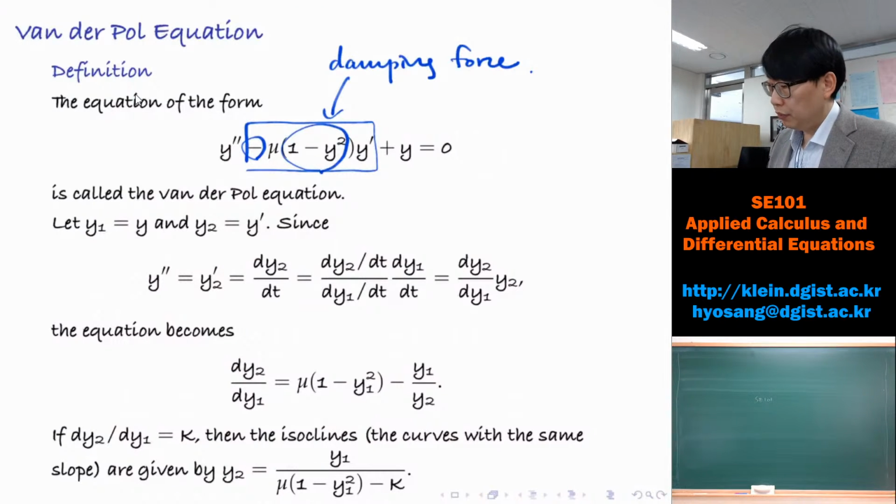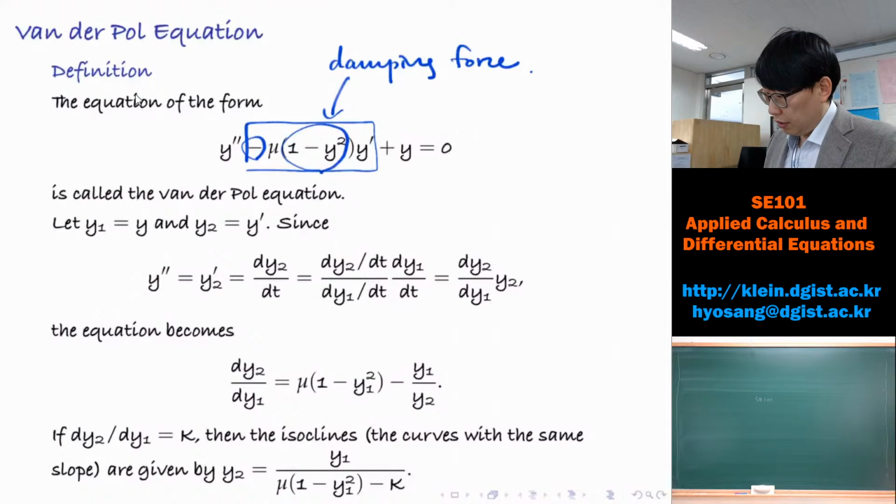Opposite direction to the moving direction. But in this van der Pol equation, the sign changes depending on the size of y. So if you have a damping force applying as a negative, then it means that damping force is not actually damping the movement, it actually accelerates the movement. And if the damping force is positive, then it works as a damping in the spring or other circuit models.